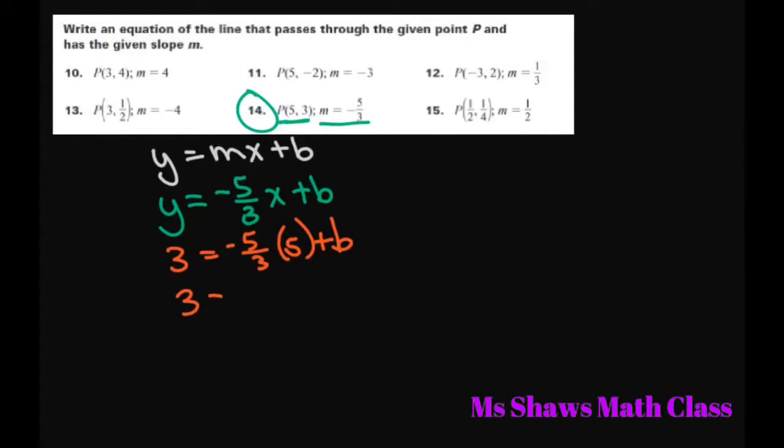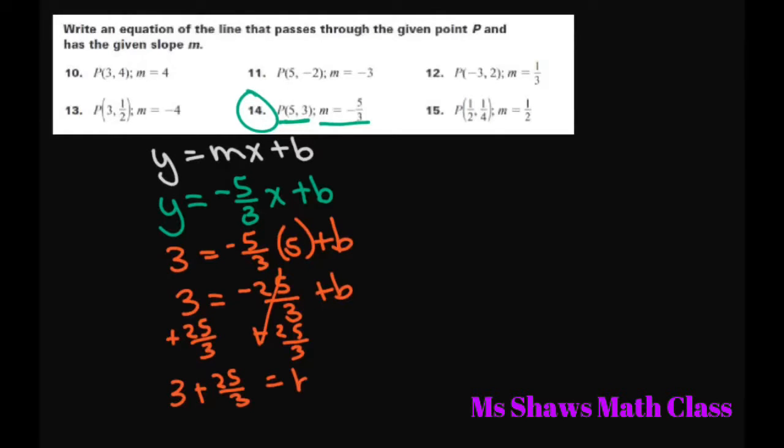Simplifying, you get 3 equals negative 25 divided by 3 plus b. Add 25 thirds to both sides. So you're going to get 3 plus 25 thirds equals b.